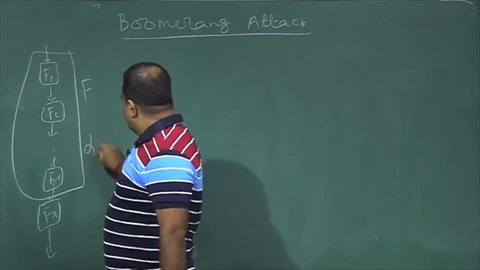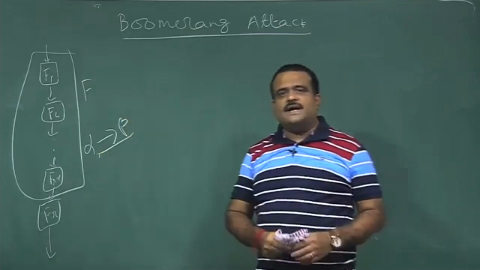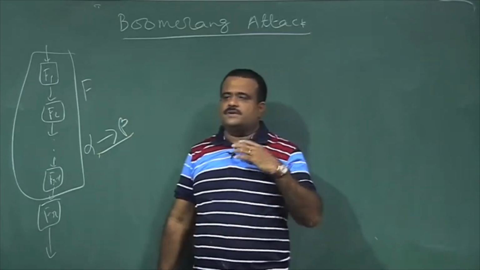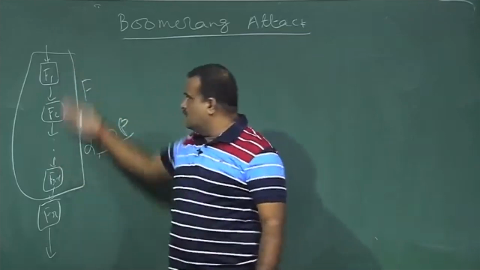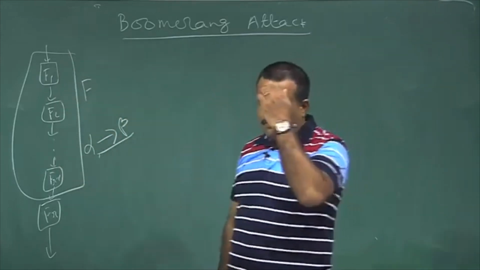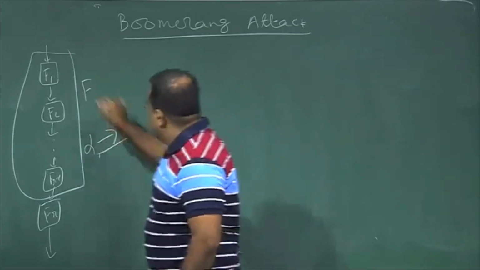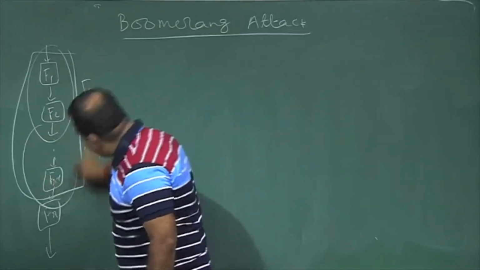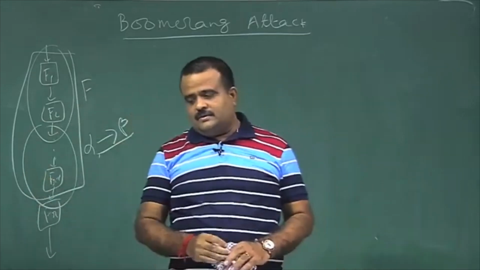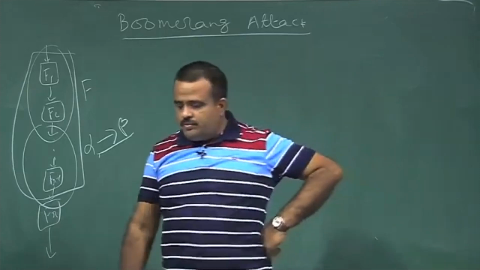We look for a difference alpha going to beta in this long round. That difference may or may not exist. That is the problem with differential attack, because this is a long round. The idea is, instead of a long round, if we have a short round with a short difference, can we mount an attack? That version of differential attack is called boomerang attack.